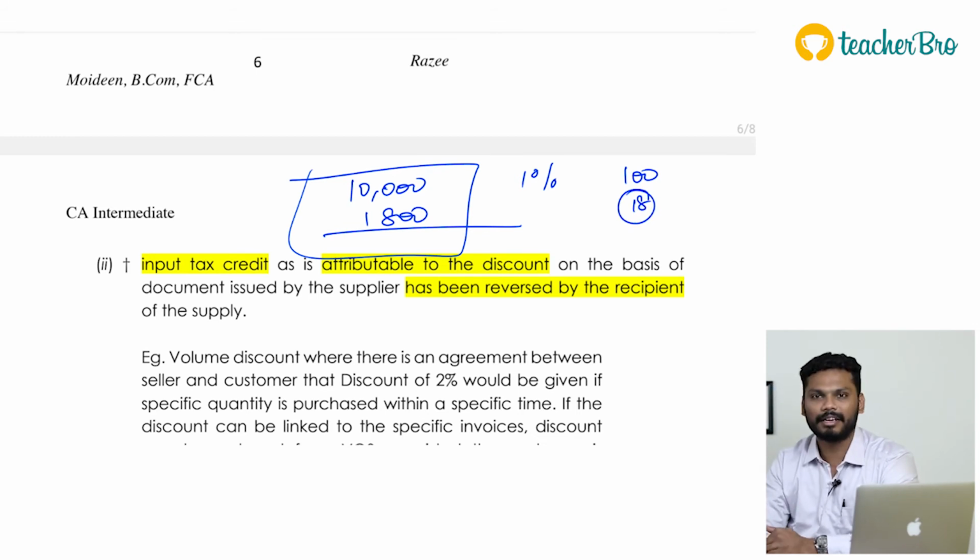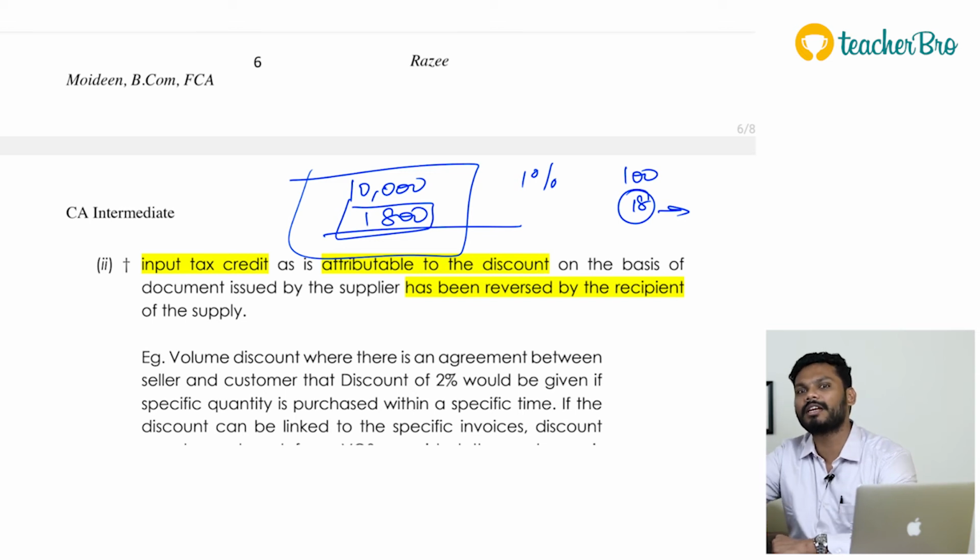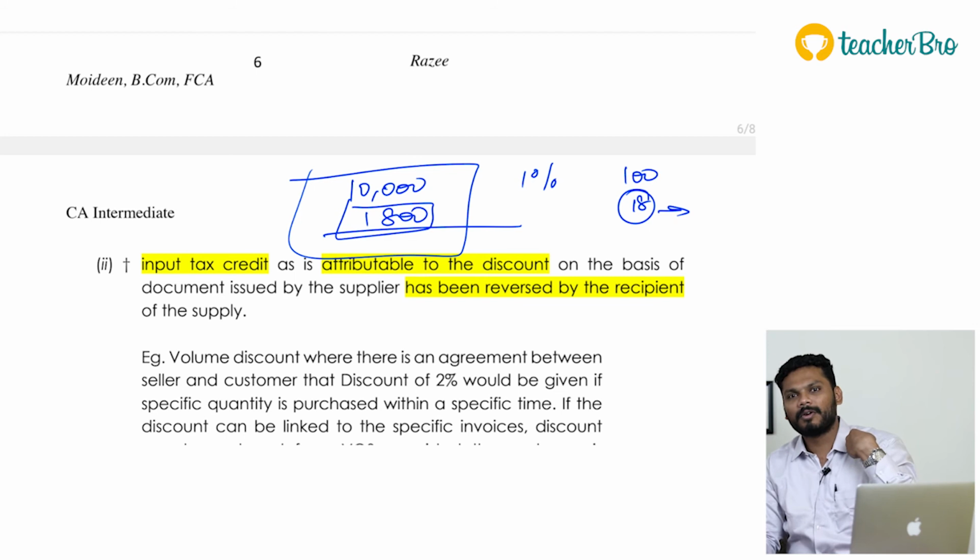So the answer is, the recipient should reverse this 18 rupees. He would have taken credit of 1,800. Now, if I need to reduce the 18 rupees, the recipient should reverse that 18 rupees. Otherwise, there will be 2 benefits. I don't pay that 18 rupees to the government. I reduce the value and pay only the net amount.